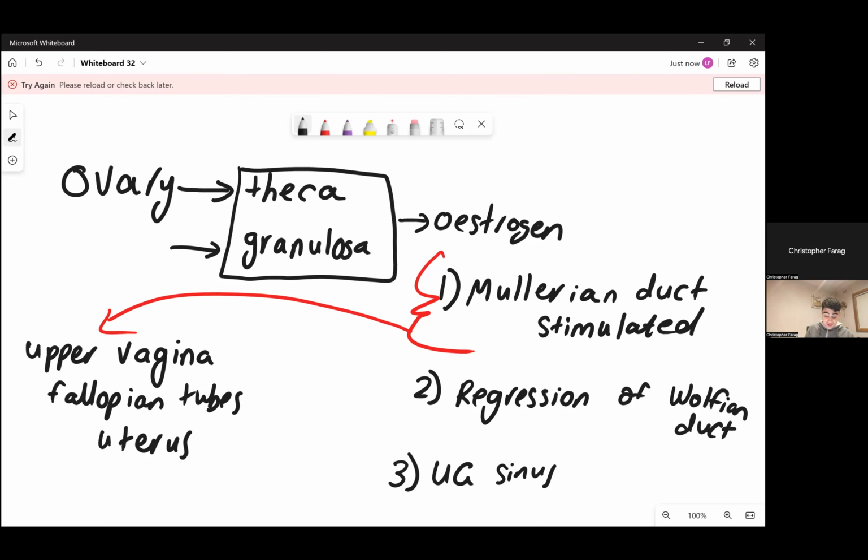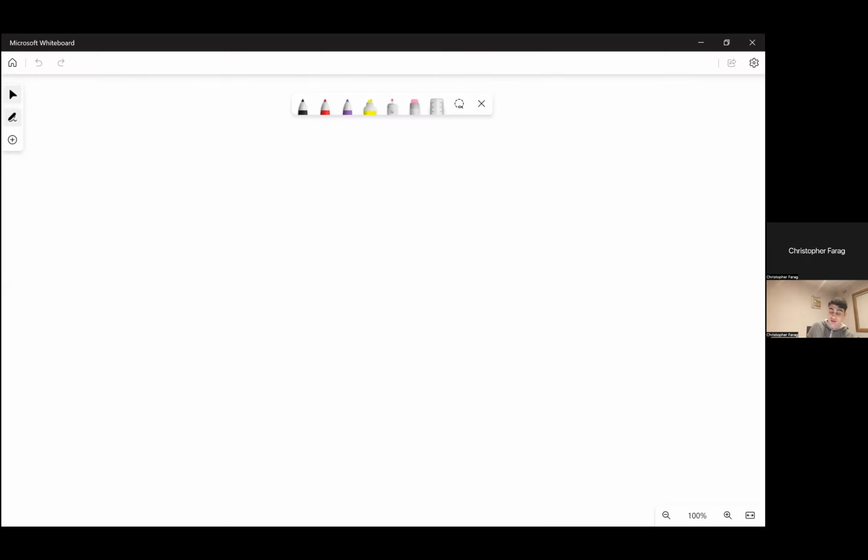All right, so on that note, let's talk about the male. All right, so we've developed our testes. We had high SRY, we had low DAX1. Okay. Now our testes have two main cell types as well.